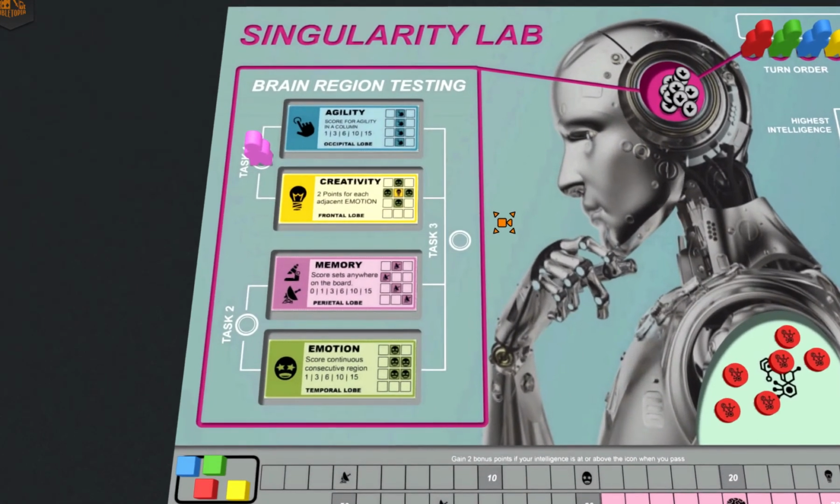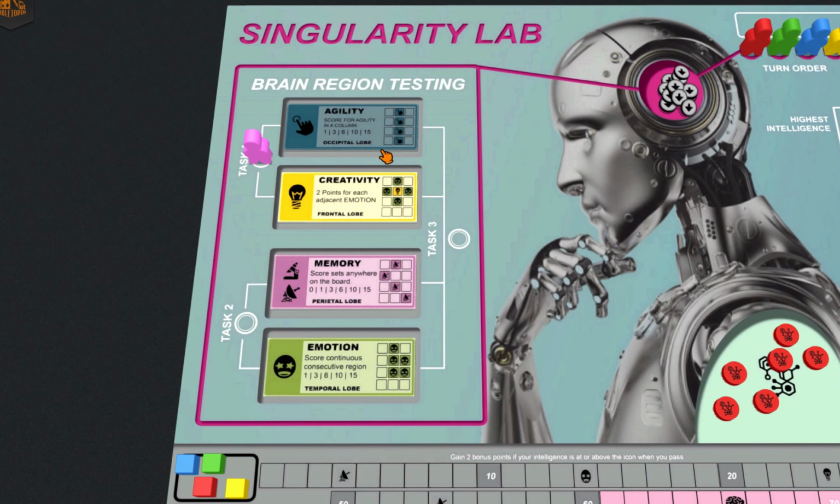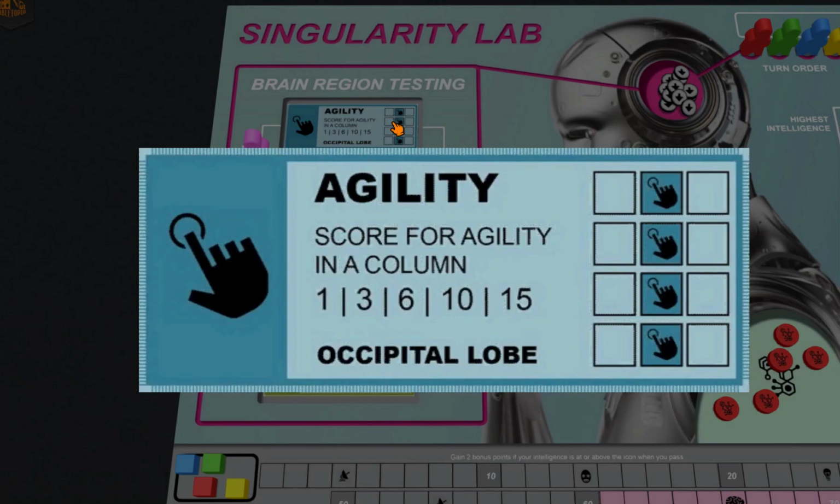At the beginning of the game, 4 different scoring conditions are placed onto the board, each relating to a different region in the brain. Agility requires players to have all their blue tiles be in a row.